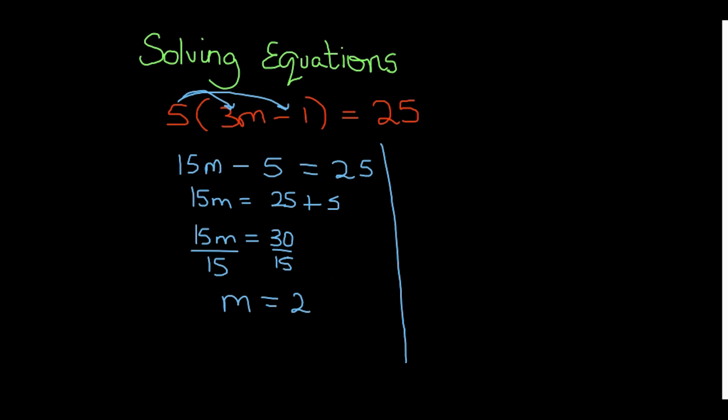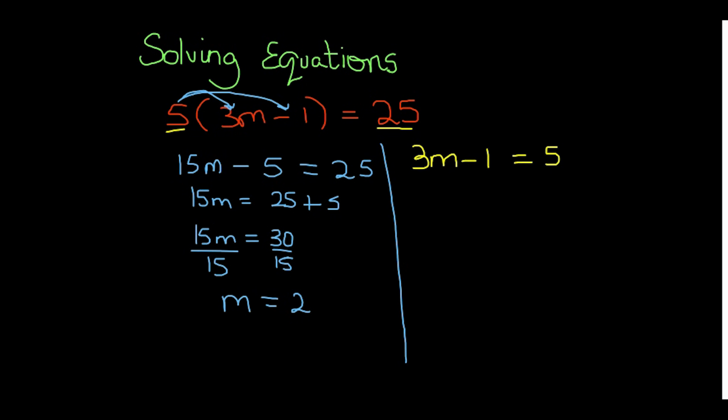We can start off by dividing both sides by 5, because this is a multiple of 5 and we have that factor of 5 outside of the brackets. So when I divide both sides by 5, I end up getting 3m minus 1 is equal to 5. And then again, it comes back down to that balance method.